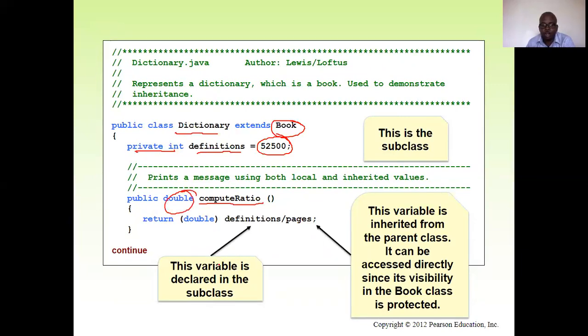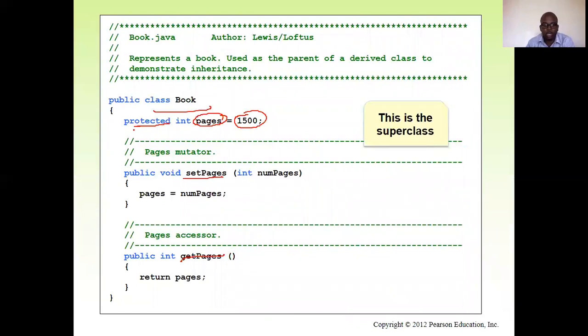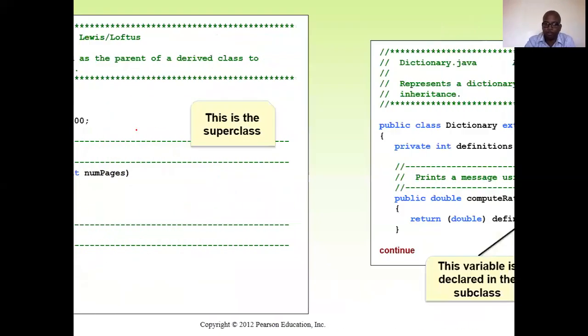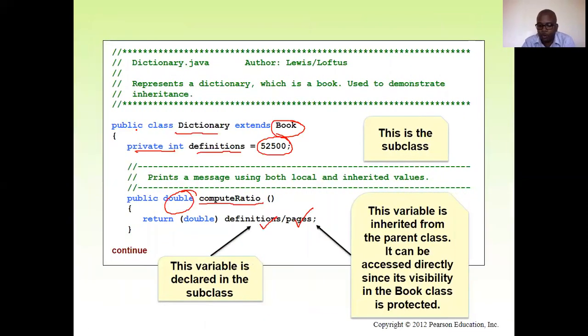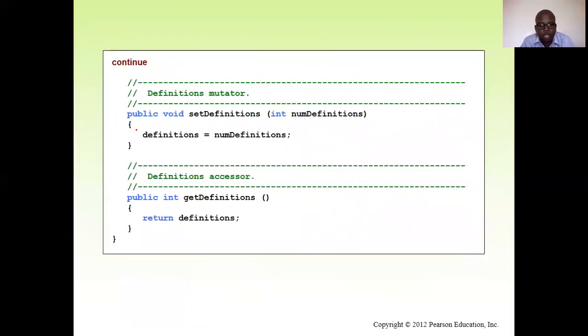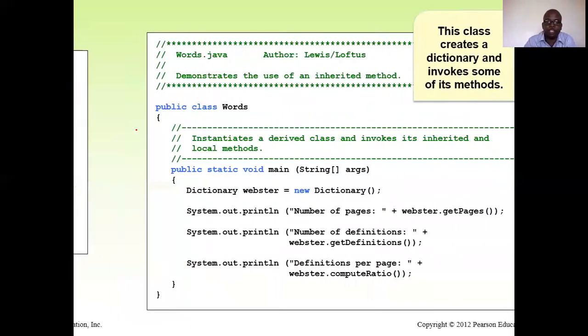Now notice here, this variable definitions is declared in the subclass, and pages is inherited from the parent class. Notice it can be accessed directly. Why? Because pages was declared as protected, not private. Very important to know. All right? Any question? And then that's the rest of the class, the child class, of course.